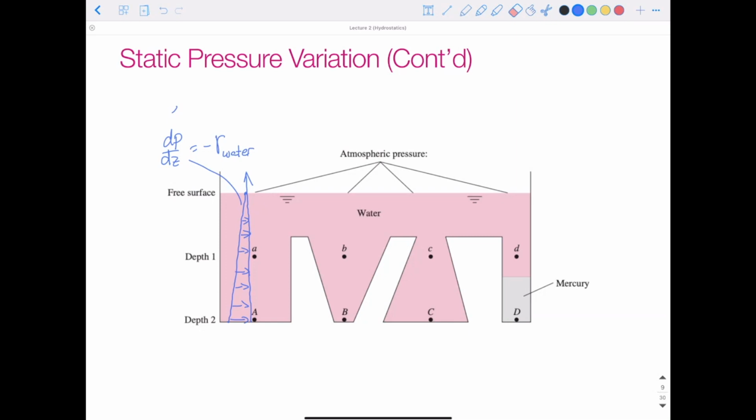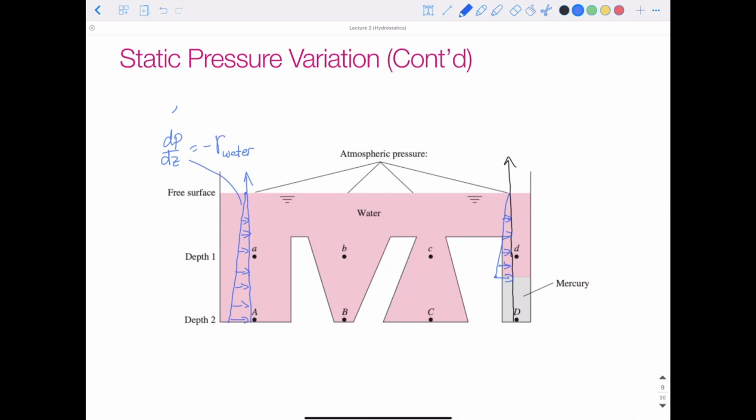So we said that the equation from before holds true as long as we have a constant fluid. So if we have our water column going up on this side, we would have our pressure change, we'd have the same slope as on the other side within the water.